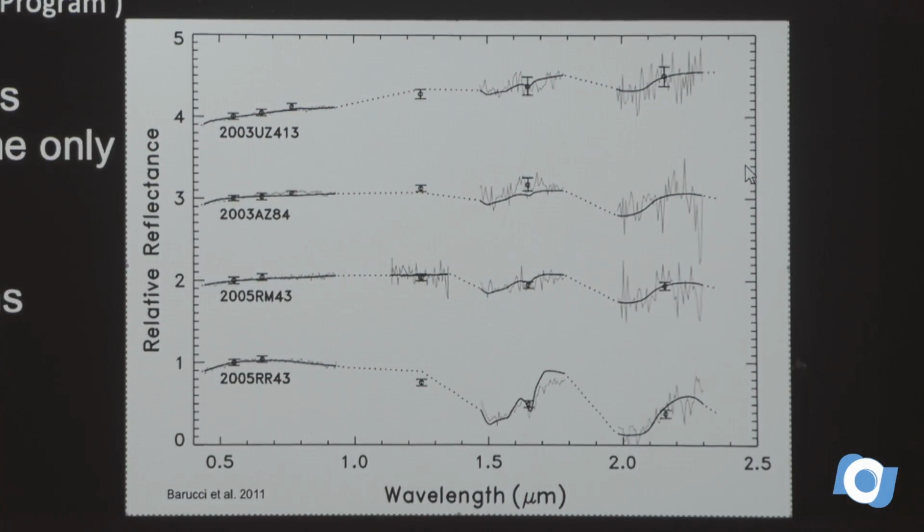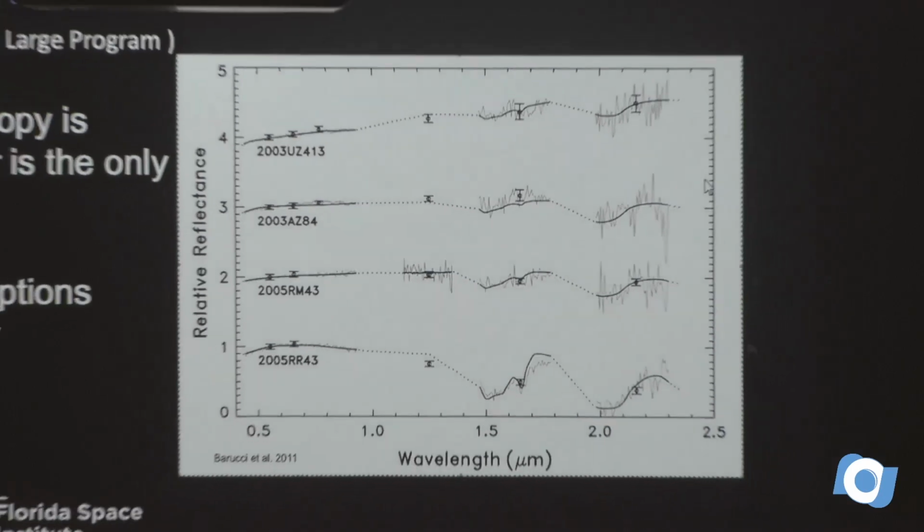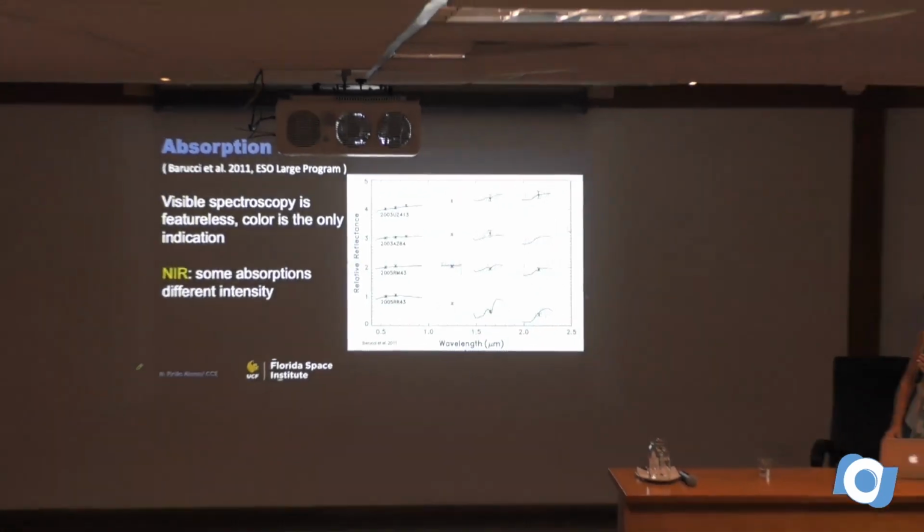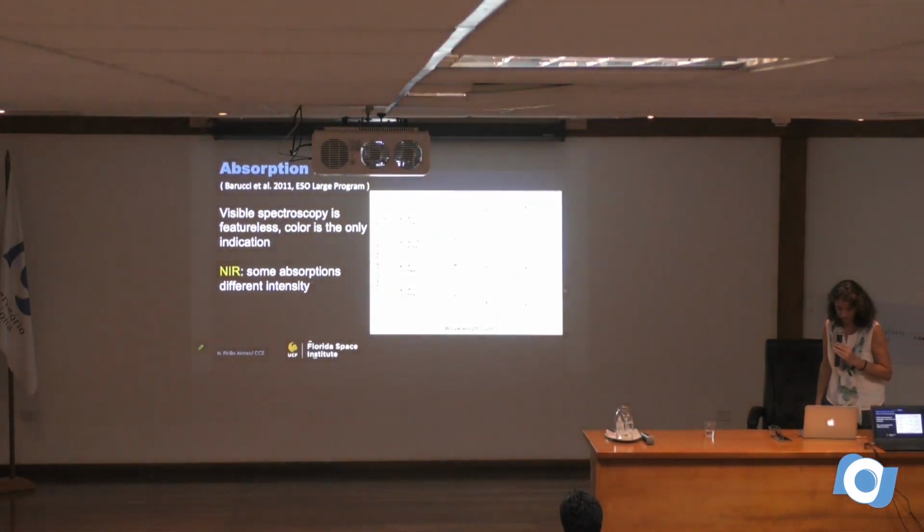Water ice has two strong absorptions in these wavelengths, one at 1.5 and the other at 2.0. That is where these are. And if the water ice is in crystalline state and not in amorphous state, then we have this band here. So we can already say, okay, we have detections of water ice and we have detection of crystalline water ice. Those are two things that we have added to the equation.